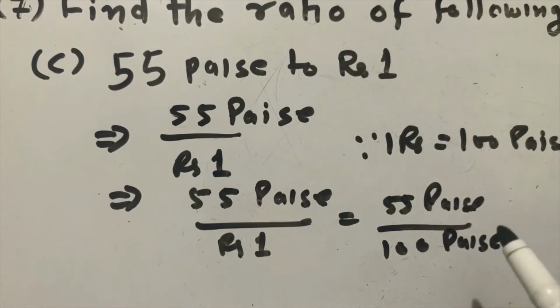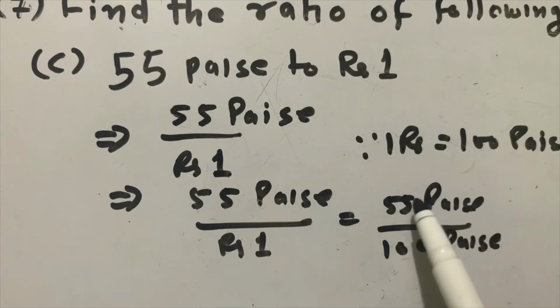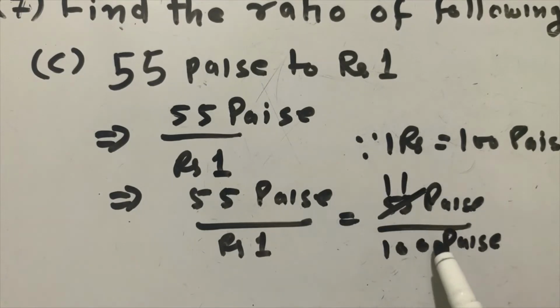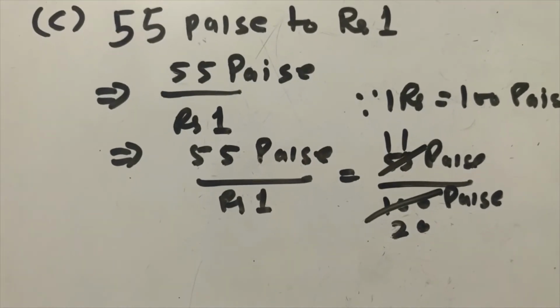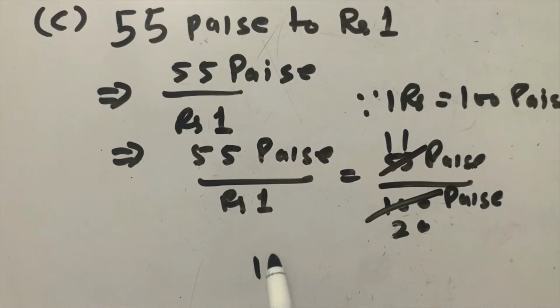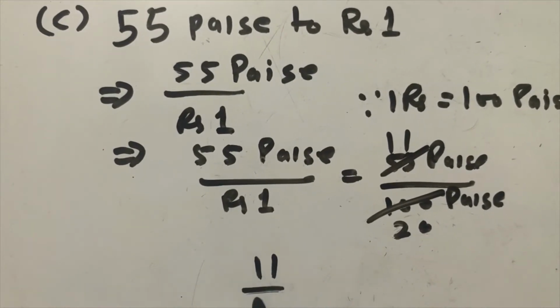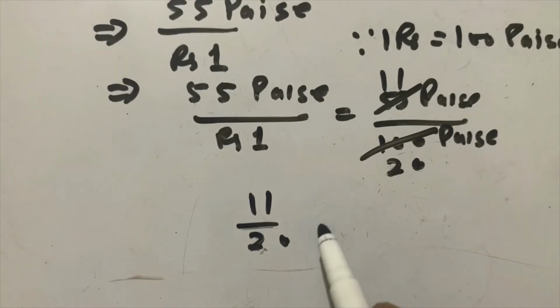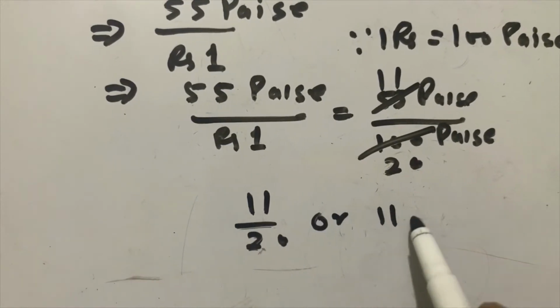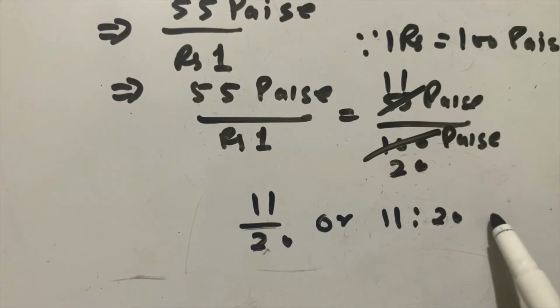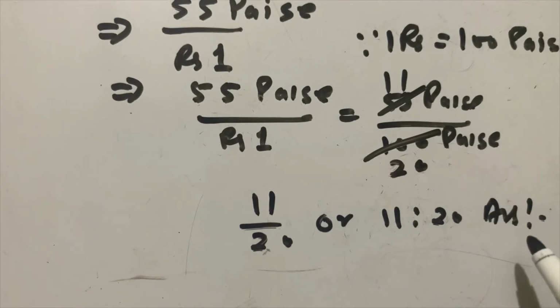Now if we read the table of 5, 5 ones are 5, 5 twos are 10, or 0. We got the result 11 upon 20, or 11:20 is the answer.